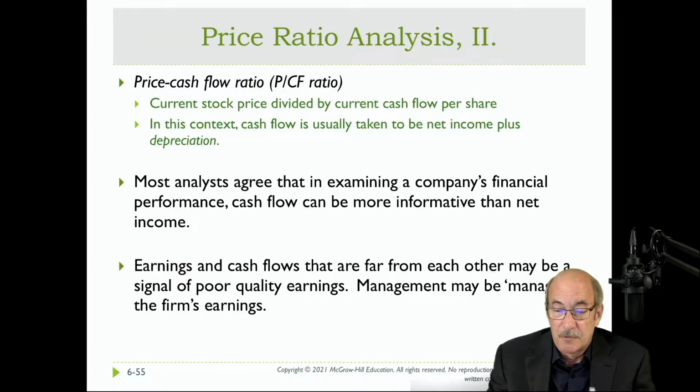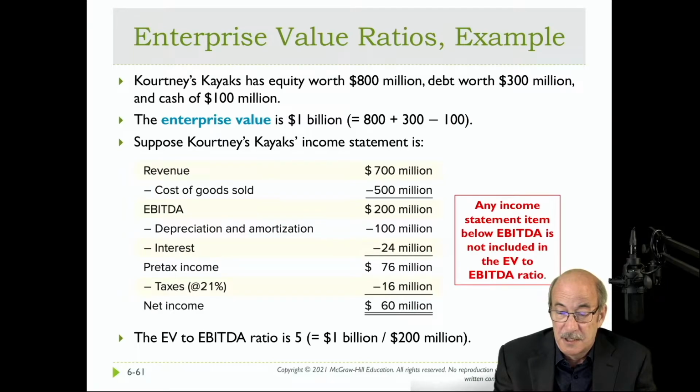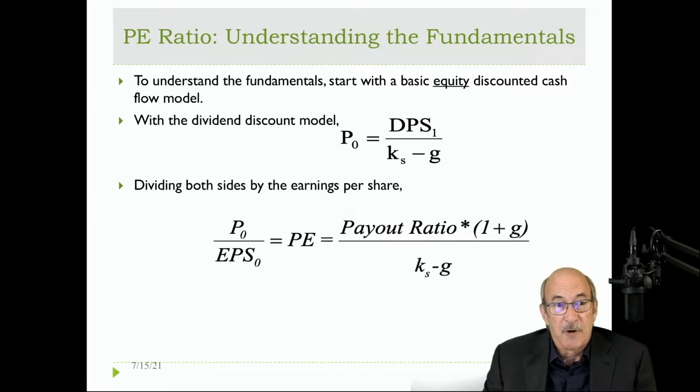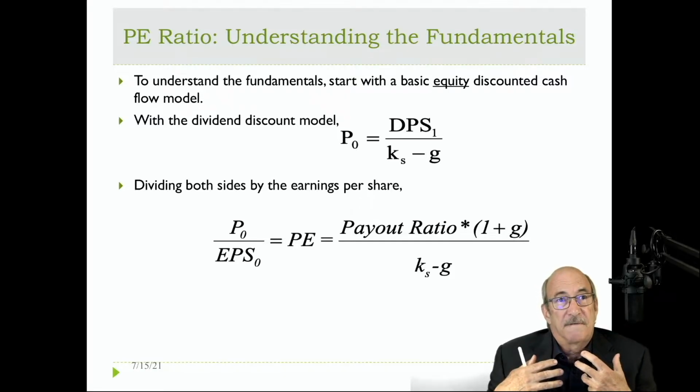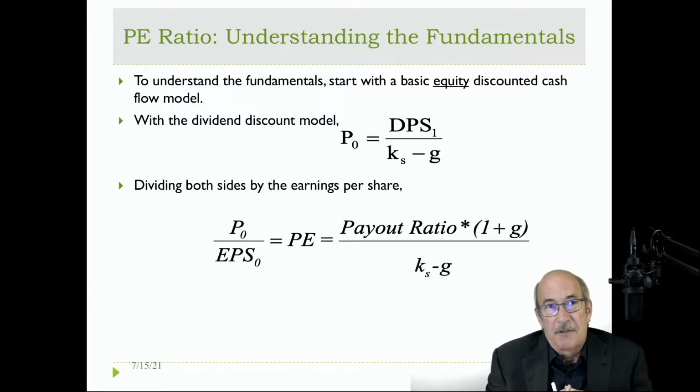In fact, while we're talking about it, let me jump straight to that slide that I wanted to show you, and it's right here. Here we're taking PE and trying to break it into its fundamental or intrinsic parts, make it look more like the formulas we were just talking about: the dividend discount model, the residual income model, the free cash flow model.